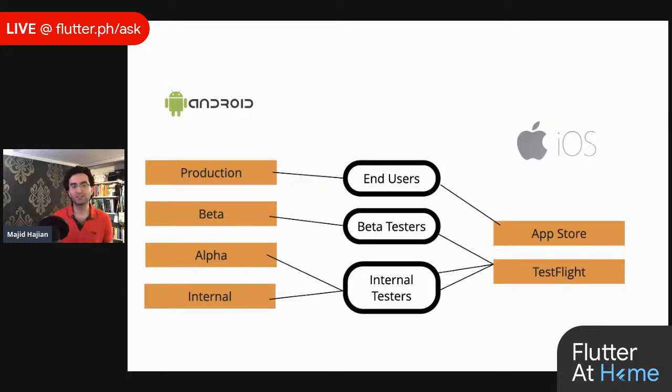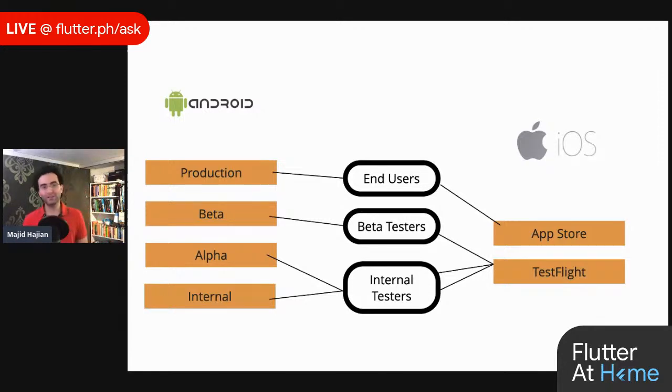Or for beta testers, your release branches could go to beta, or to TestFlight, a part of your beta testers. Or you can even release with a feature flag to the App Store with some of your beta testers. And also for internal and alpha users, you definitely can relate those branches and internal testers together.